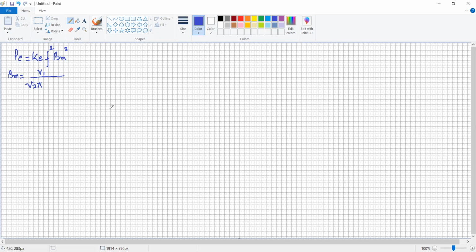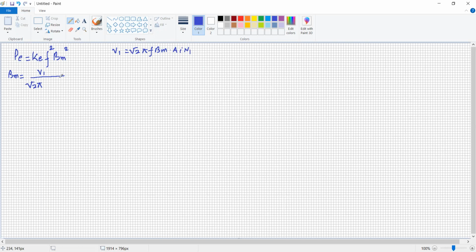Our equation is V1 is equal to root 2 pi f Bm into Ai into N1.